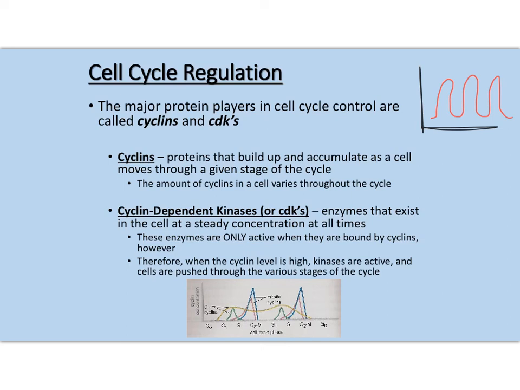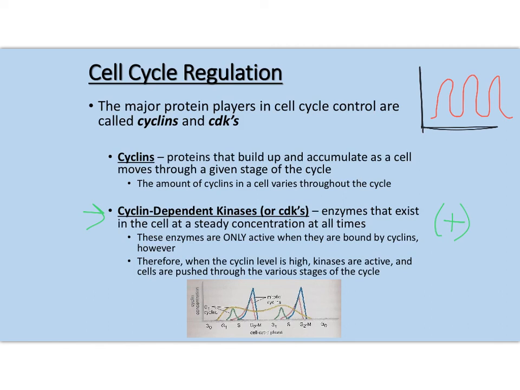Now, you also have a second molecule here called a cyclin-dependent kinase, or CDK. And this is an enzyme that can cause cell division to move forward, right? So a CDK gives a positive signal to the cell cycle. However, these are cyclin-dependent kinases. They only work if they can bind to cyclins.